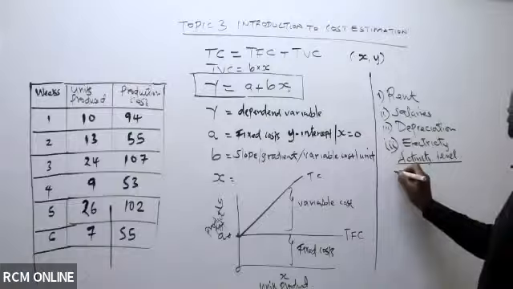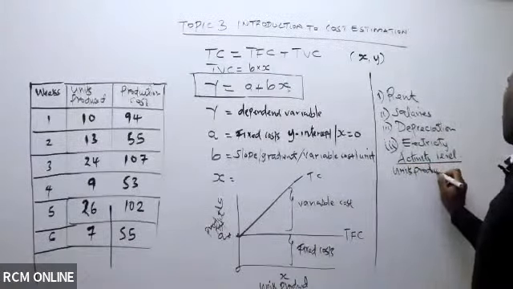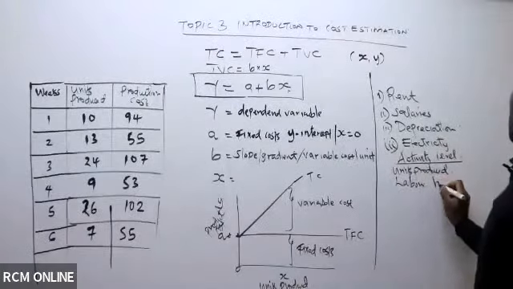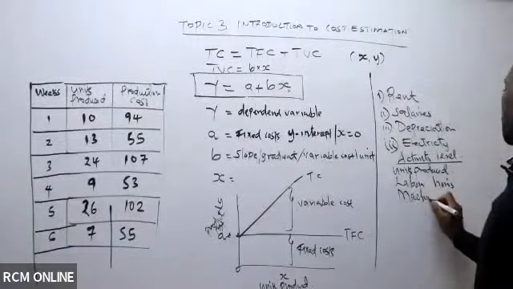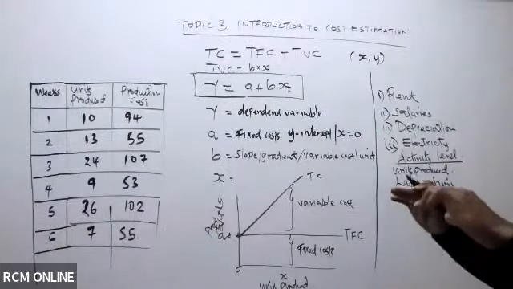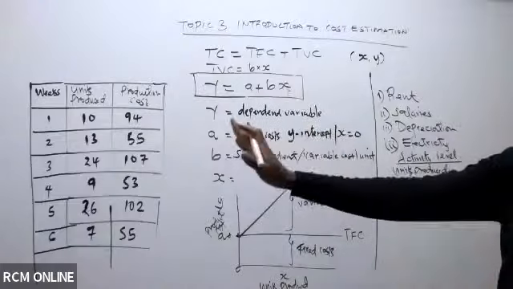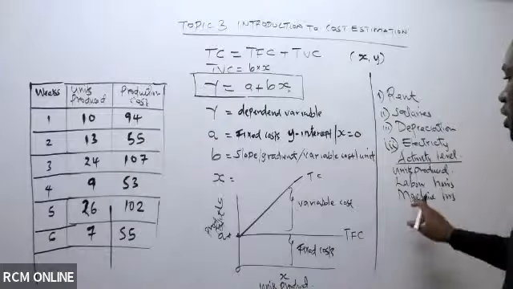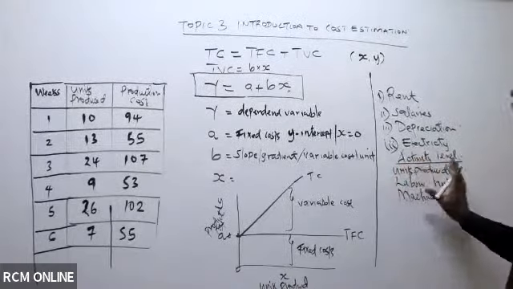Number one, it can represent units produced. It can represent labor hours. It can represent machine hours. Because it is not that in every single question under this topic, the examiner will be talking about units produced and production cost. At some point, the examiner will be talking about labor hours, machine hours, and not necessarily units produced.